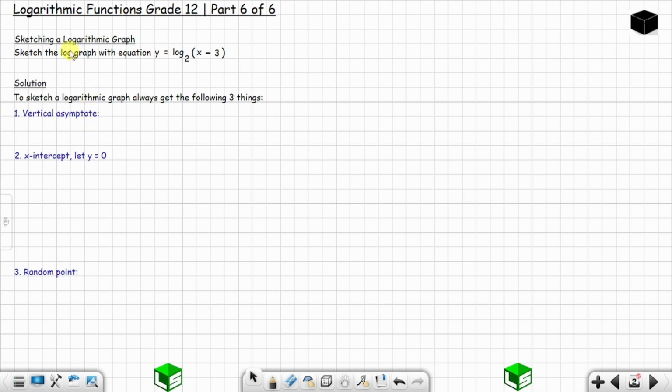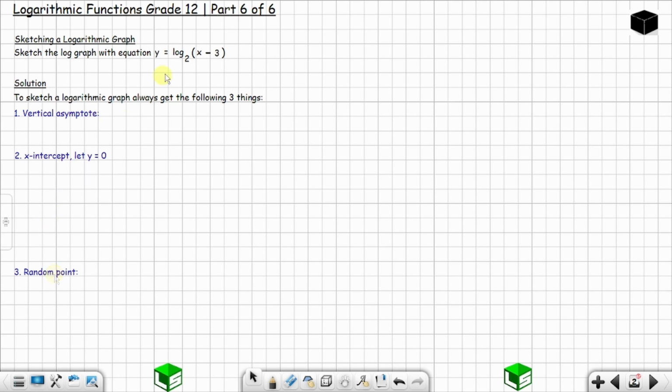But in the case of a logarithmic graph, you need the vertical asymptote, the x-intercept, and a random point. If you get these three things, you will never go wrong.